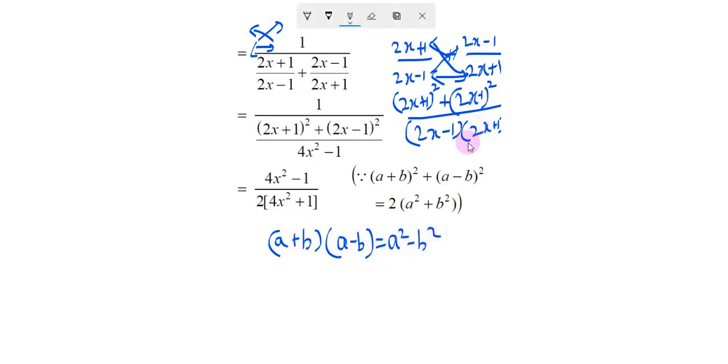The same way, a plus b means 2x plus 1, a minus b means 2x minus 1, that is equal to a square minus b square. So now I write the numerator, 2x plus 1 the whole square plus 2x minus 1 the whole square, by the denominator a square minus b square, so 2x the whole square minus 1 square. Understood?